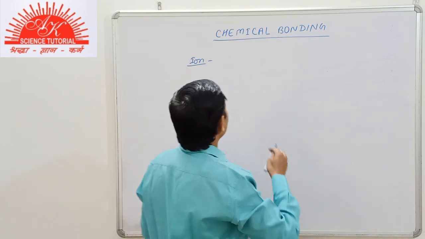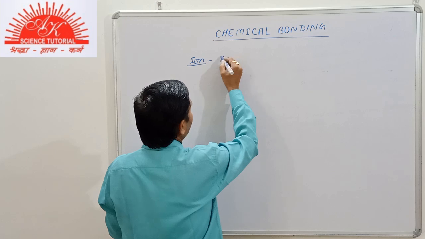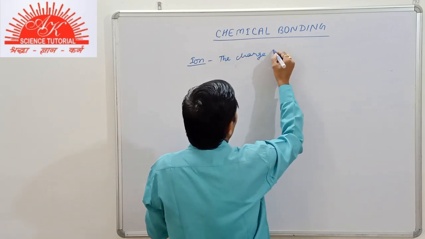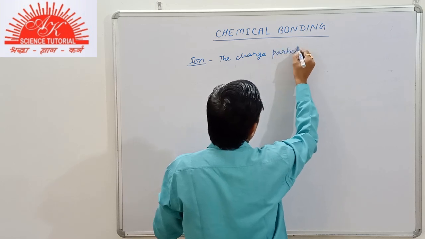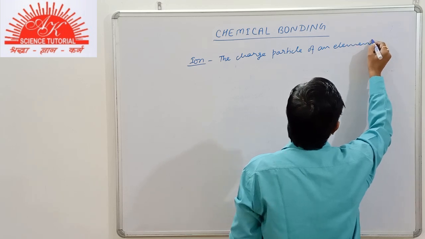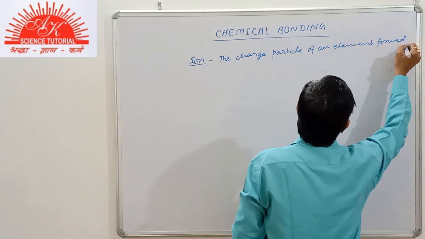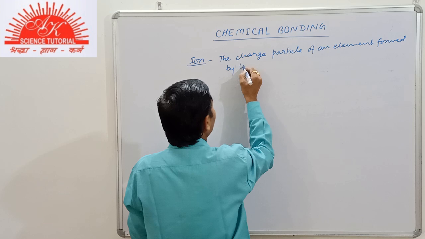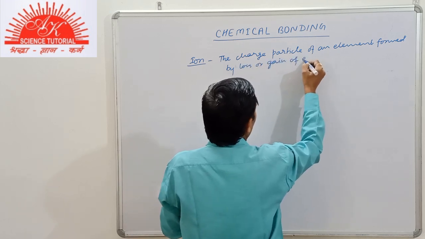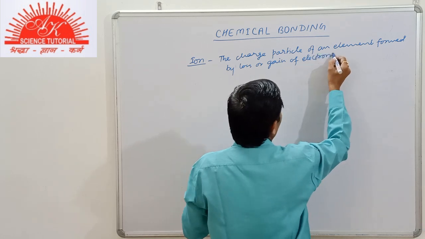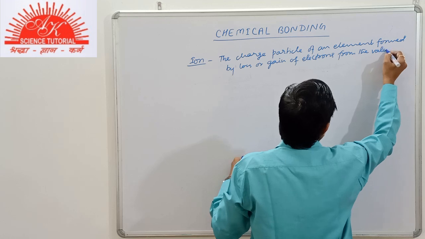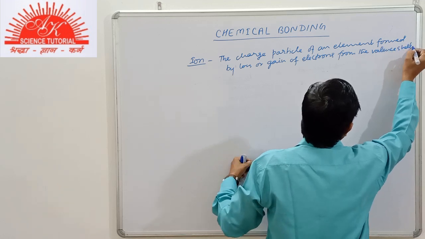So ion: the charged particle of an element formed by loss or gain of electrons from the valence shell.